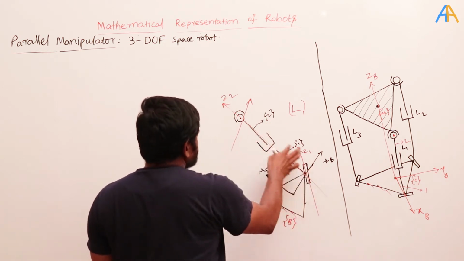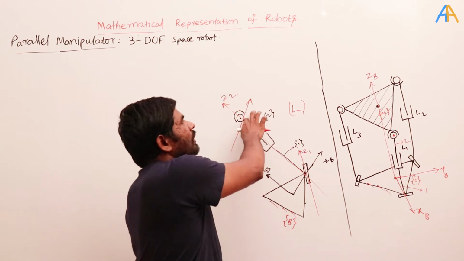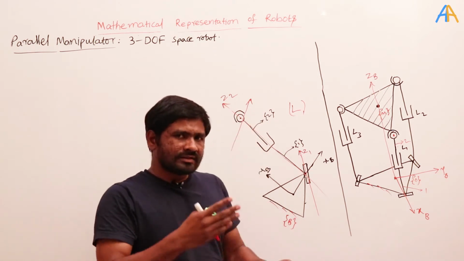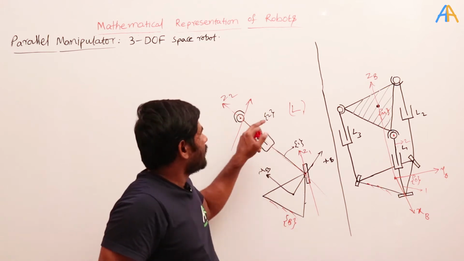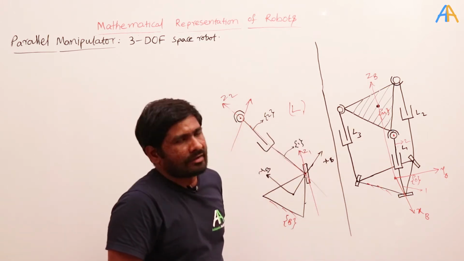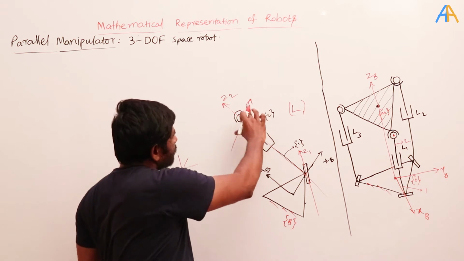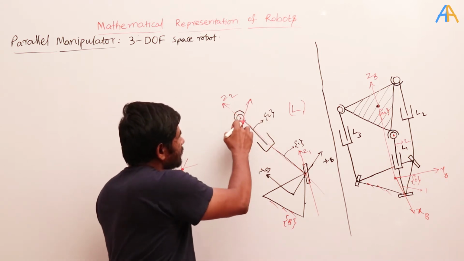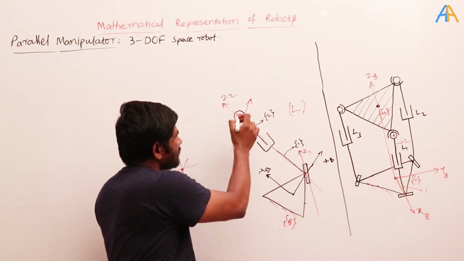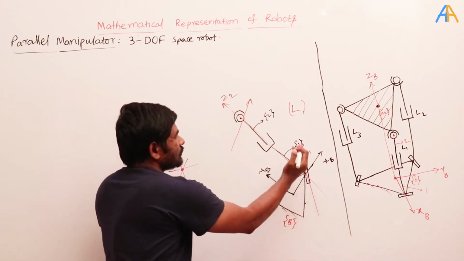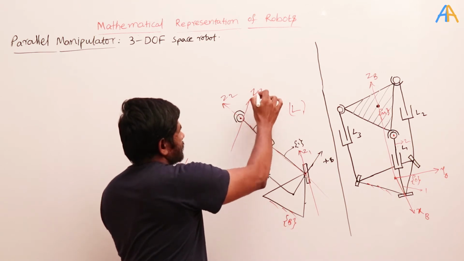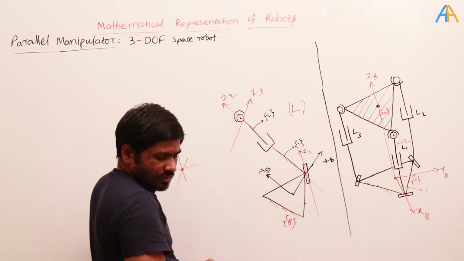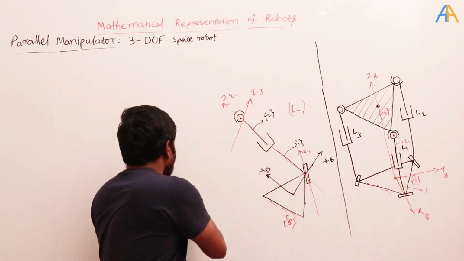This is also a revolute joint, and all these revolute joints are intersecting at the same point, and that point lies on the moving platform. So I will take one more revolute joint here, passing through the center, which is parallel to the bottom revolute joint. Then I will name it Z3. That is what I have done here.